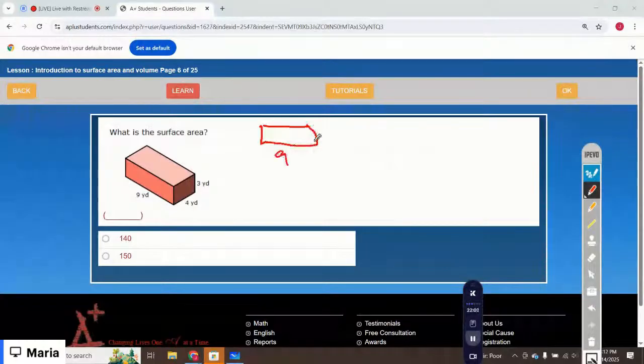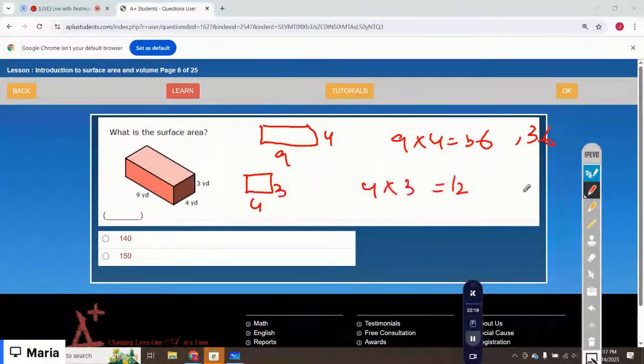This face, 9 and 4. 9 times 4 is 36. So the top and bottom are the same. Another with the same measurement that has 36. Now look at the side one that has the measurements 4 and 3. That is 4 times 3, that is 12. And the other side also has the same thing.